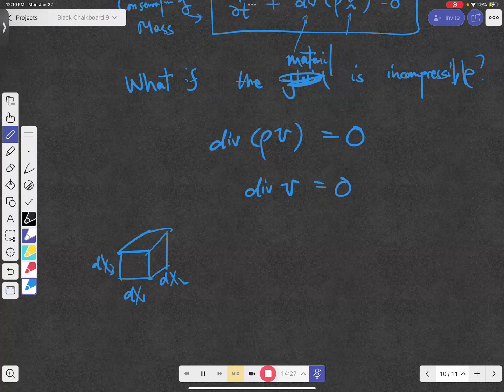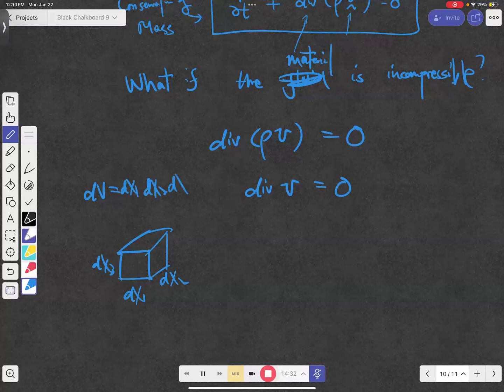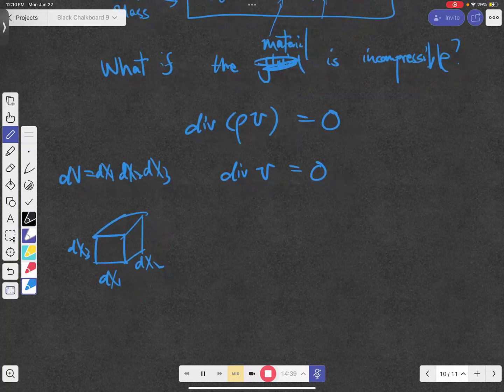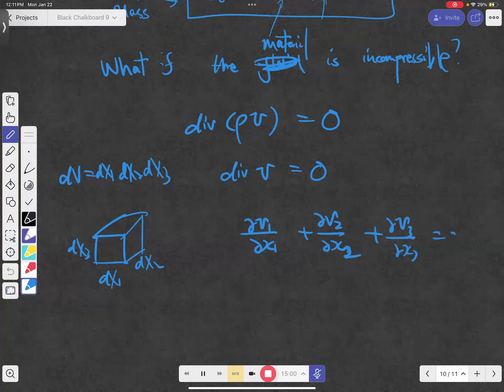Together they form the volume dV equals dx1 times dx2 times dx3. If we become divergence free, what am I saying? I'm simply saying that partial v1 over partial x1 plus partial v2 over partial x2 plus partial v3 over partial x3 equals 0.